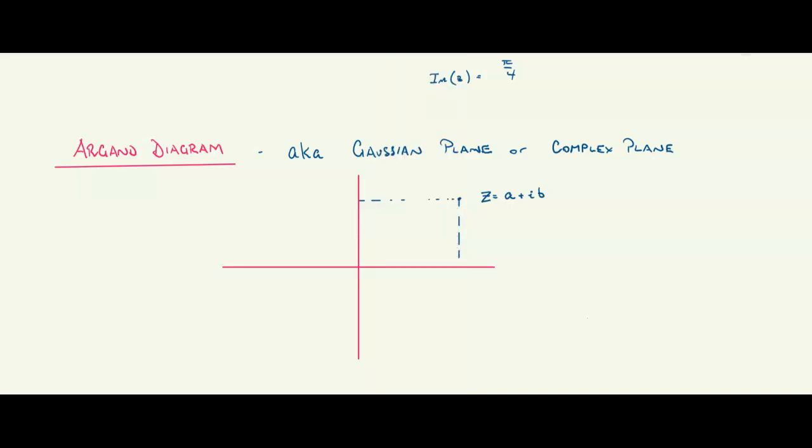So we move a along the real axis. This is the real element of z, and this is the imaginary element of z, and we go up to b in the imaginary number a plus ib. That's the complex number represented on the Argand diagram.